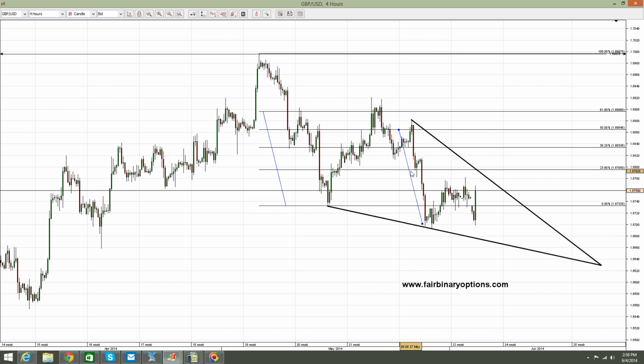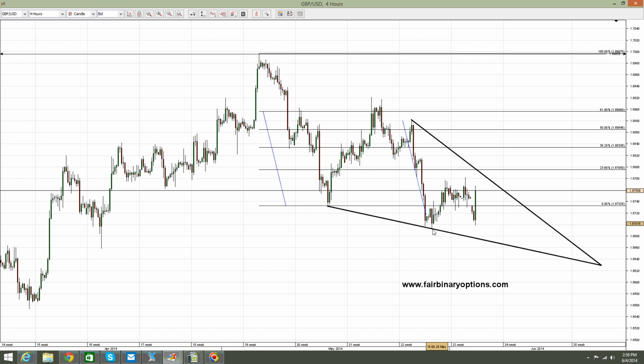Now, in our scenario, the third wave that follows here, as you can see, is not extended. However, the third wave in a terminal impulsive move needs to be a corrective wave.